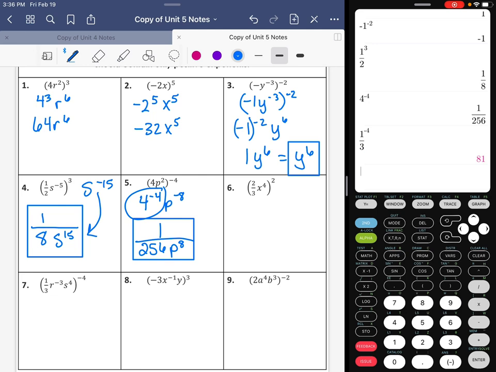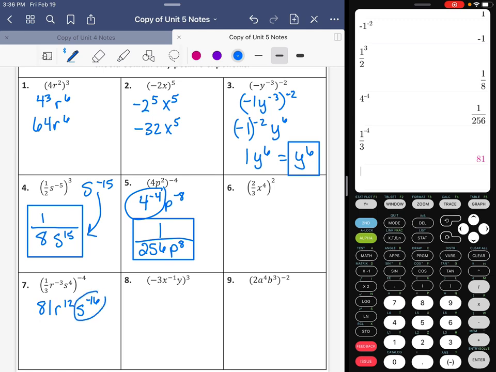So hopefully that is like, oh yeah, that makes sense. So we've got 81, and then we've got r to the 12th power, because negative 3 times negative 4 is positive 12, and then s to the negative 16th power, because negative times positive is negative.